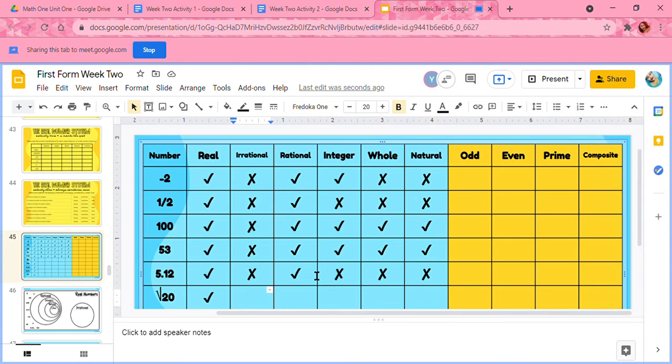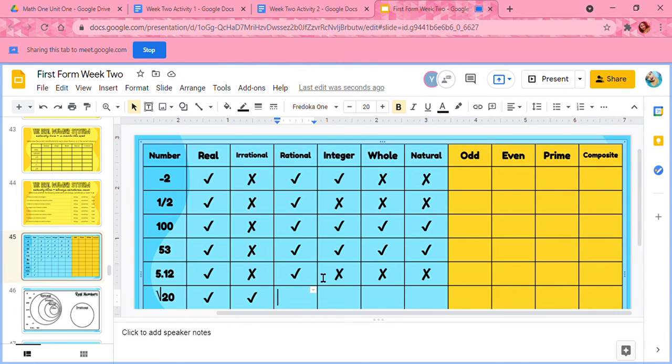There is no number that when I multiply it by itself gives me 20. Yes, 5 times 4, but that's not the same number. Those are two different numbers. So the square root of 20 is an irrational number.